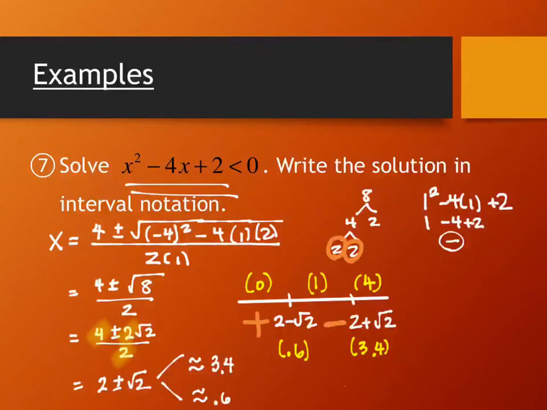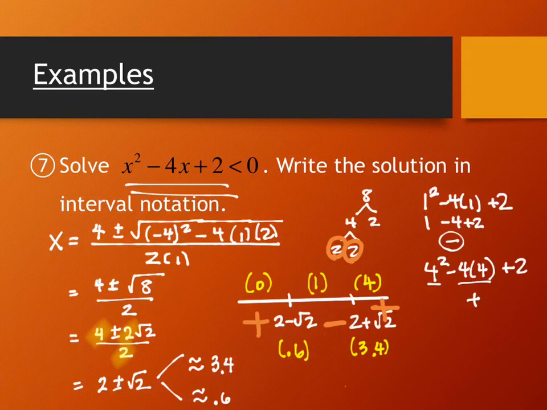And then we do a value on the opposite side, number 4. So I have 4 squared minus 4 times 4 plus 2. Well, these two are exactly the same, so they cancel out. One's positive, one's negative. So I'm left with the positive 2 at the end. So it's positive over here. Sorry, my values are so big they're taking up all the space.